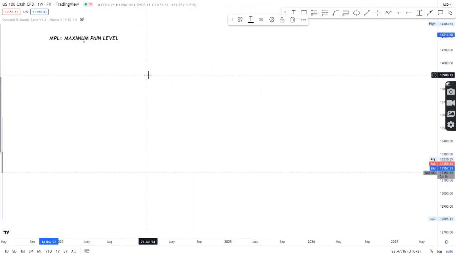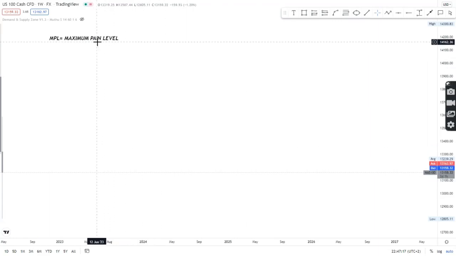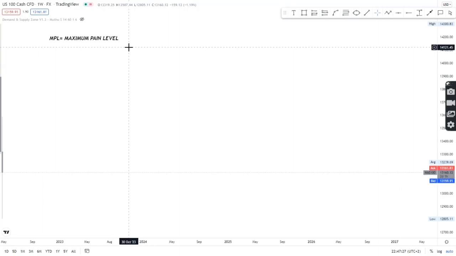But what does it entail? What does it mean? So this is what happens most of the times. Of course, you won't find an MPL everywhere. Trust me, I don't remember the last time I actually traded with an MPL, right? So let me just show you.